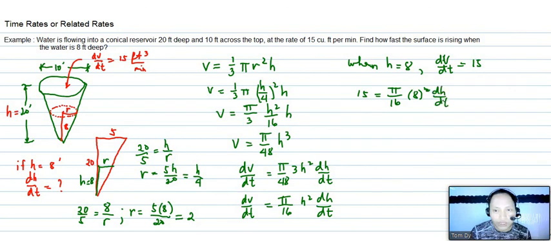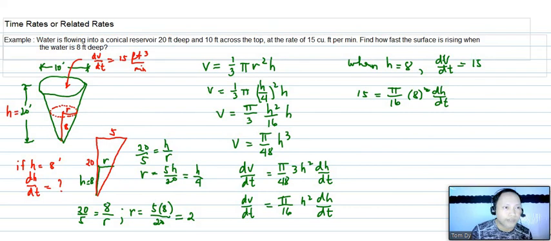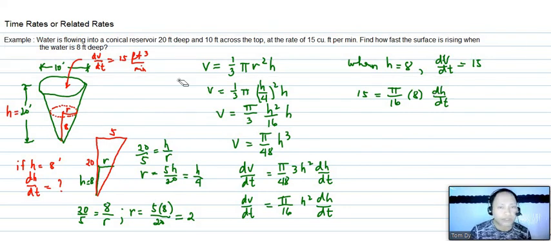This is squared. So multiplying here, 16 times 15 over 8 times 8, 64, times pi, that is equivalent to dh over dt.